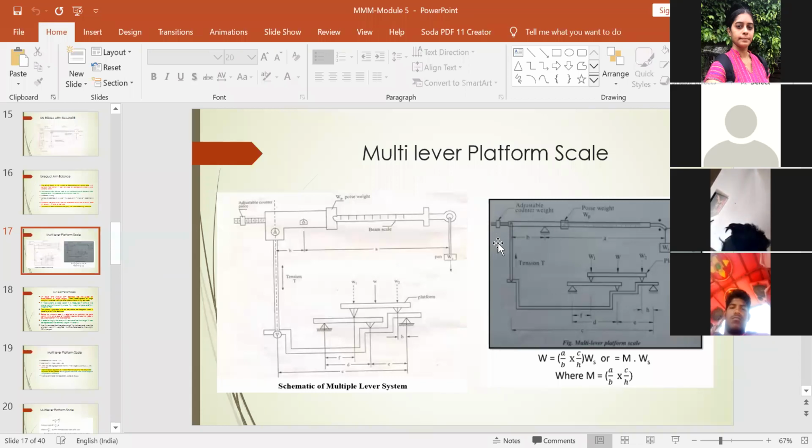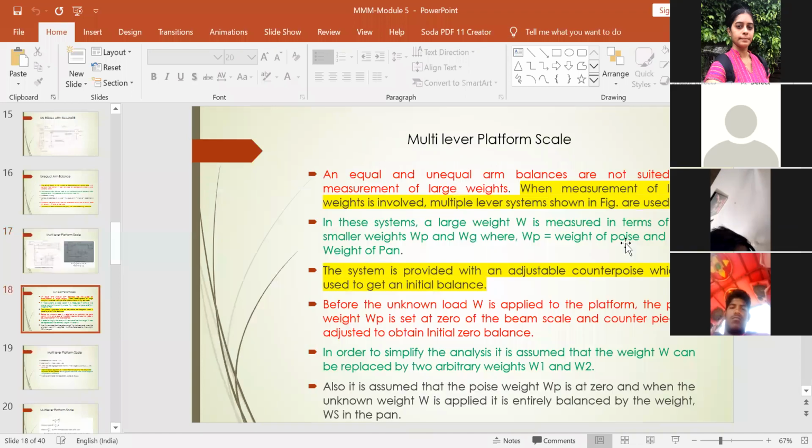Along with that you will have an adjustable counterpoise, so that it is in an exactly balanced position. For that you need the poise weight, which we call WP, and the associated pan weight, which is called WS.